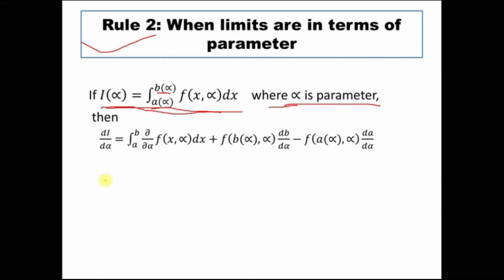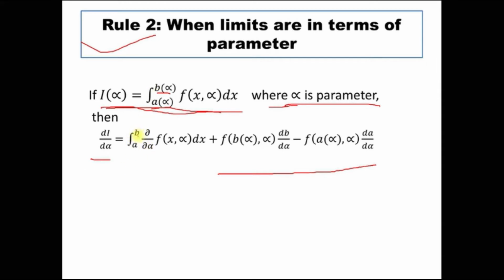It is the same as rule number 1, just with two additional terms for the variable or parametric limits. When we differentiate with respect to alpha, as in rule number 1 we differentiate with respect to the parameter, on the left hand side it becomes dI by d alpha, the same term as rule number 1.